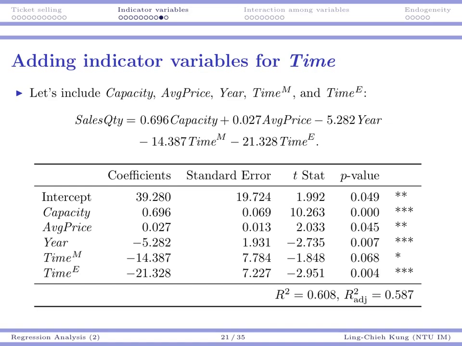So when the number of seats is increased by 1, we expect to generate 0.7 sales. For the average price impact, we find one interesting thing. When the price goes up, actually we have a positive impact on sales.